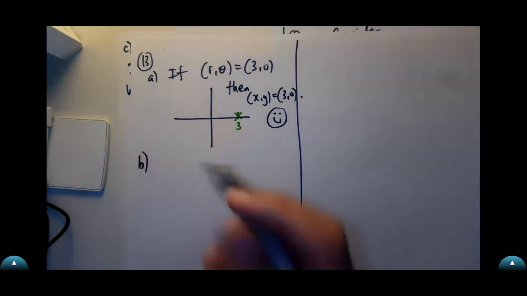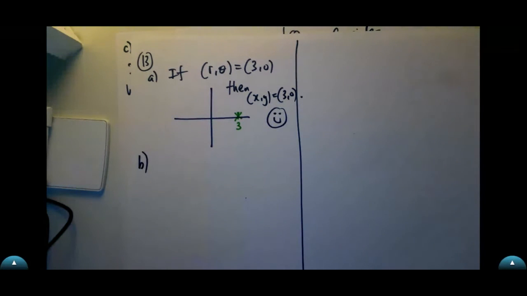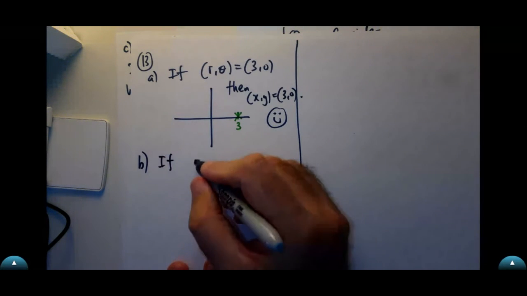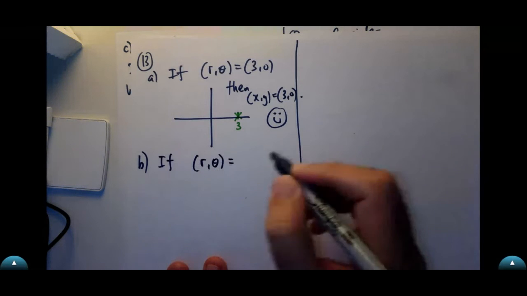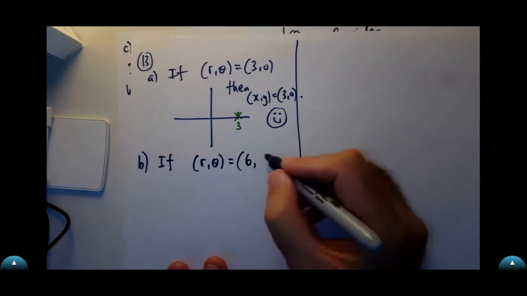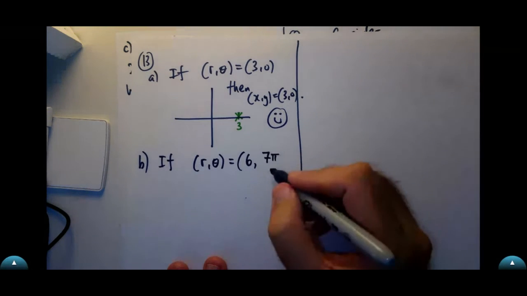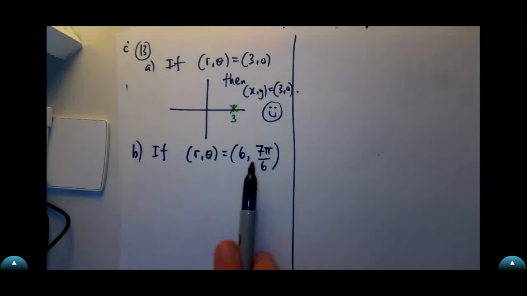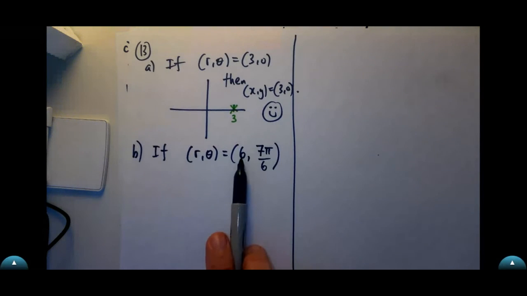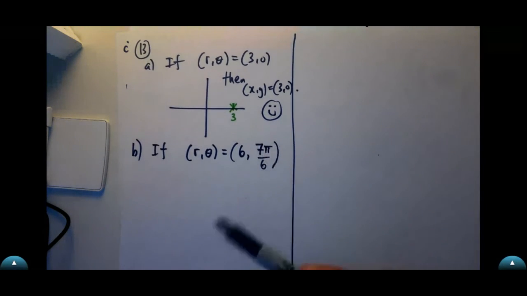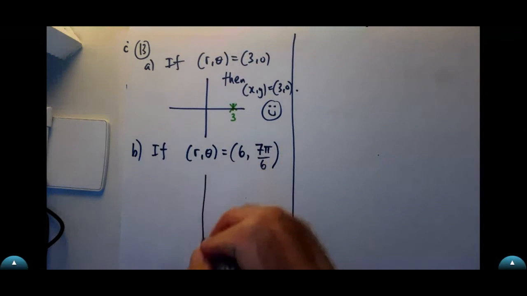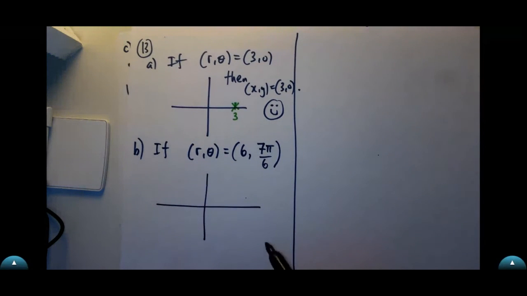Part B is a bit harder. Where does this take us? Well, we want to be 6 units away from the origin, and we want to rotate in an anti-clockwise direction 7 pi on 6.